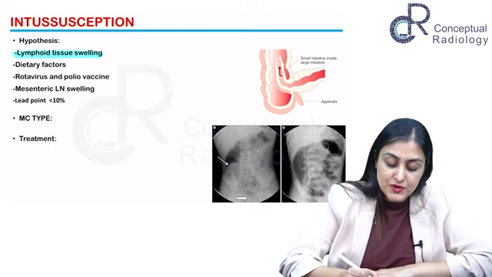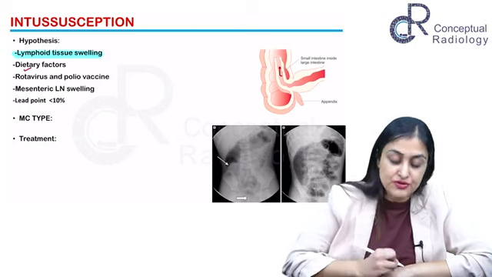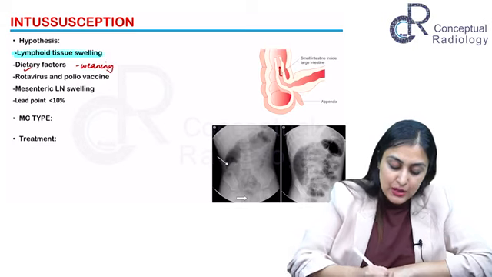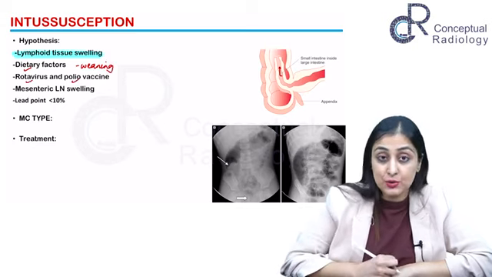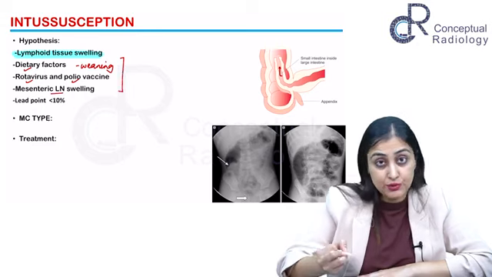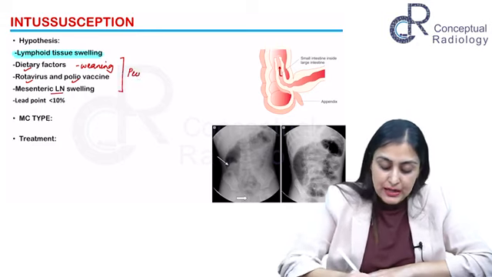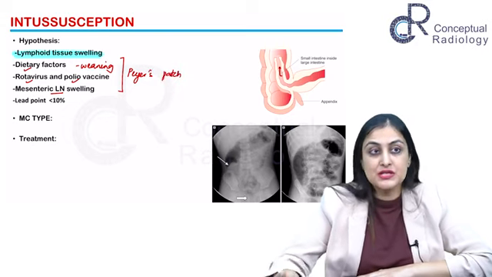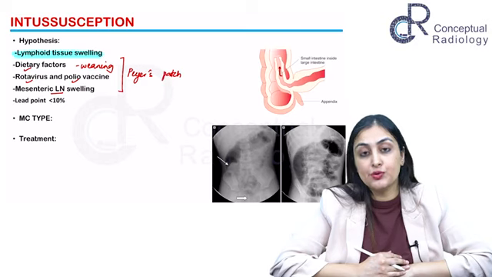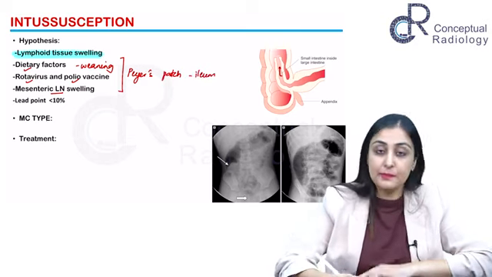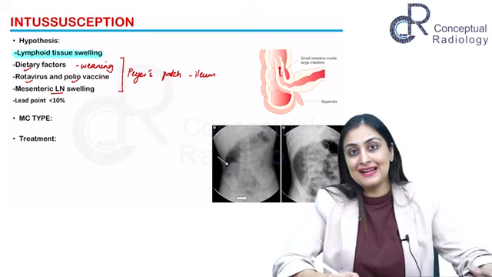Around 6 to 8 months, because of dietary factors, as weaning happens around this time, and because you give various vaccines like rota and polio, the mesenteric lymph nodes swell up. In addition, Peyer's patches, which are mucosa associated lymphoid tissues present in the distal ileum, swell up, and this tends to act as a lead point.